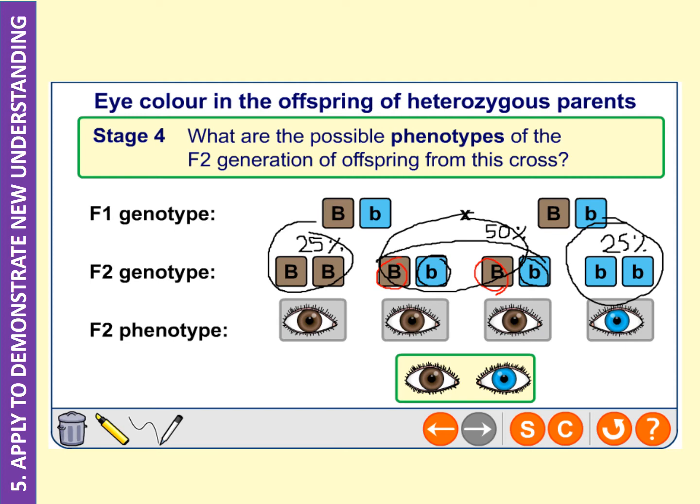His offspring, 50% of them, are going to contain this big B here. So you're seeing this row here, this big B is inherited from Dad, this big B is inherited from Dad. The other 50% of his offspring have got this little b here. Now you'll see that one's come from Dad, and that one there's come from Dad.